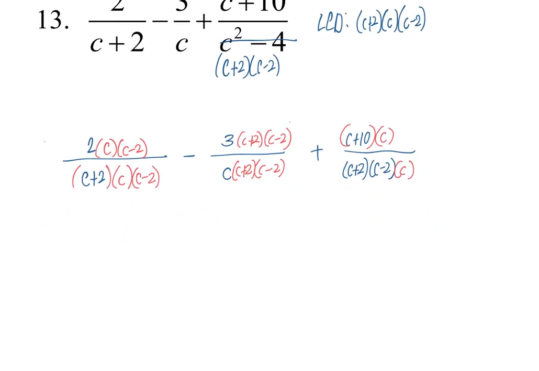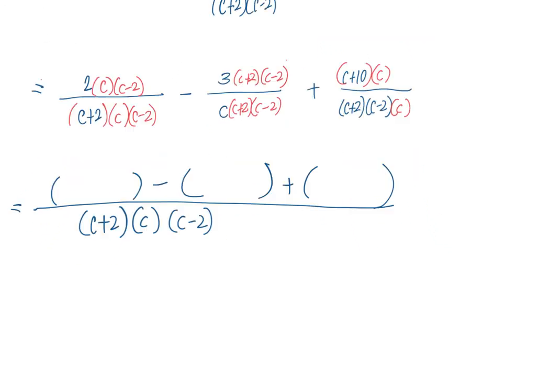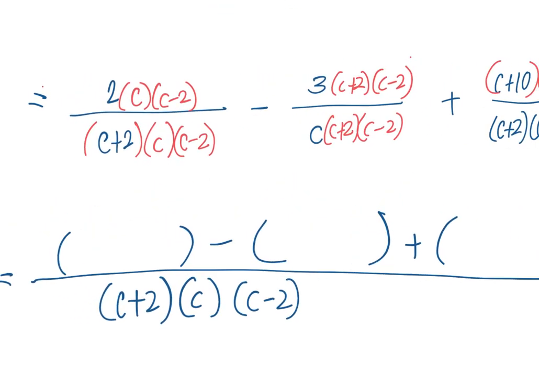So, writing it all as one fraction, you will notice that the denominator will be the LCD, and we will have something minus something plus something. So I kind of set up a template for myself. Right here, we have 2C times C minus 2.